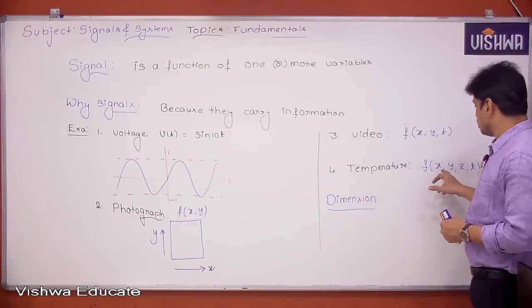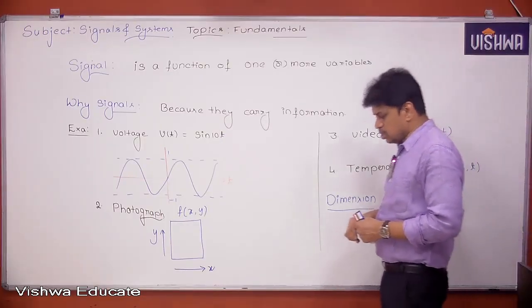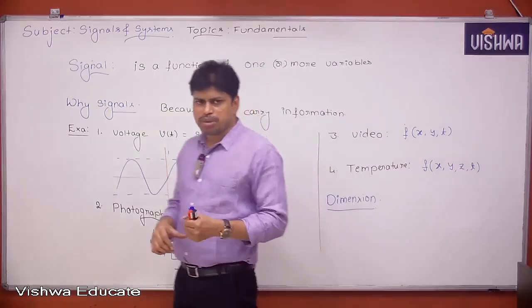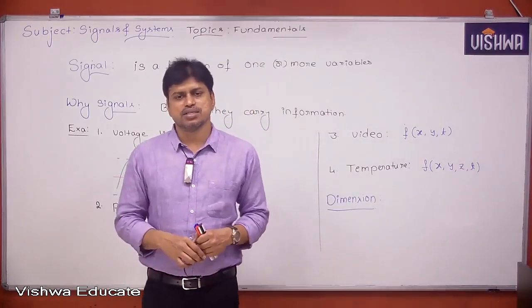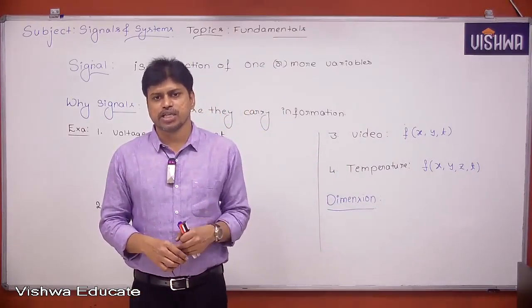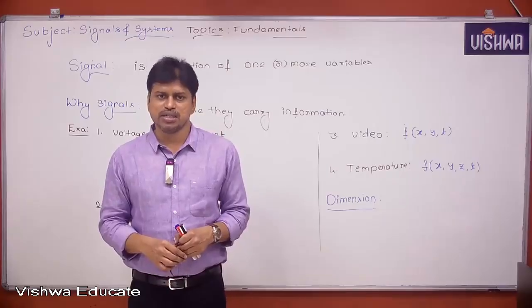And temperature, it is a four-dimensional signal. So from this, can you define what do you mean by dimension? Dimension is nothing but number of independent variables present in a signal is nothing but a dimension.